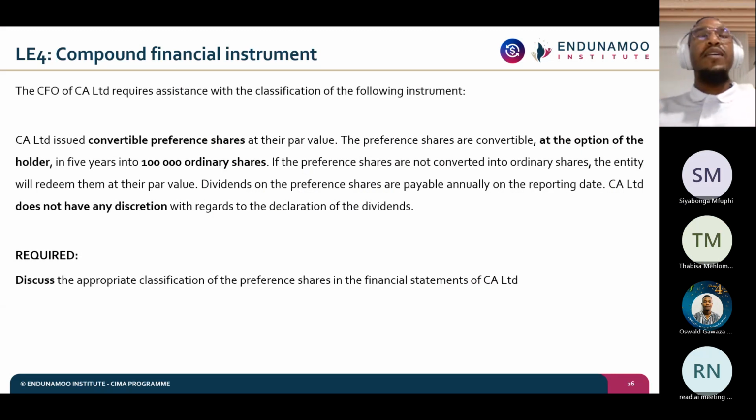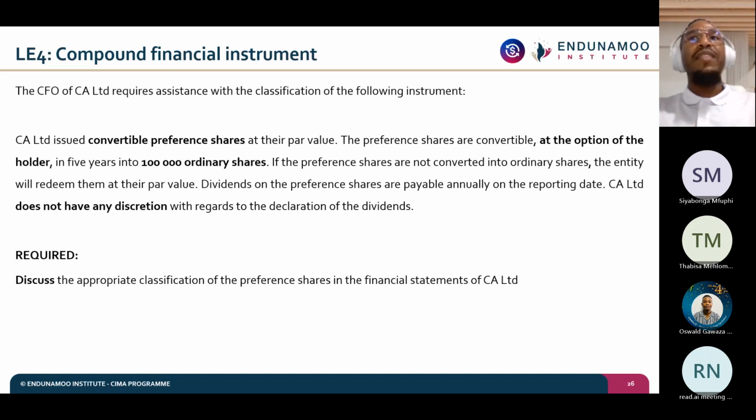So in lecture example number 4, we have another compound financial instrument, which we need to classify. So they are convertible preference shares. The preference shares are convertible at the option of the holder in 5 years into 100,000 ordinary shares.